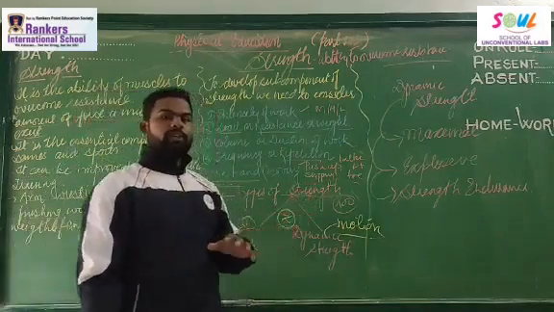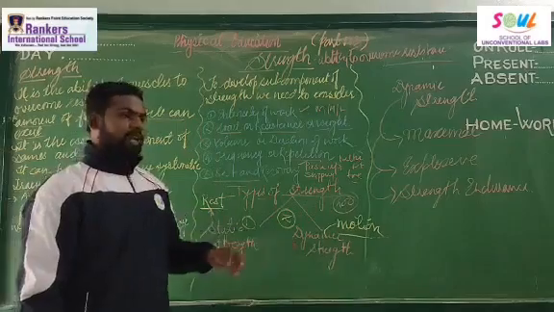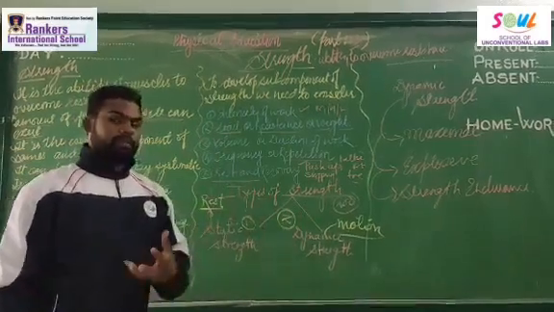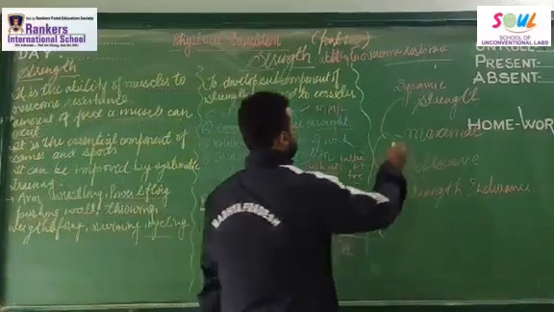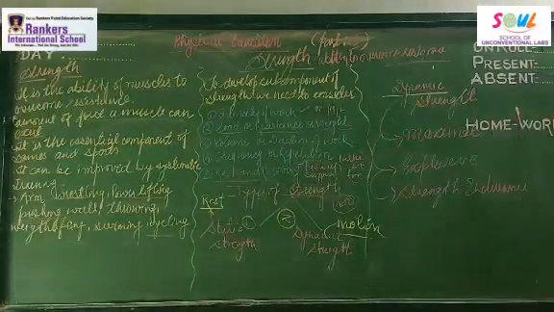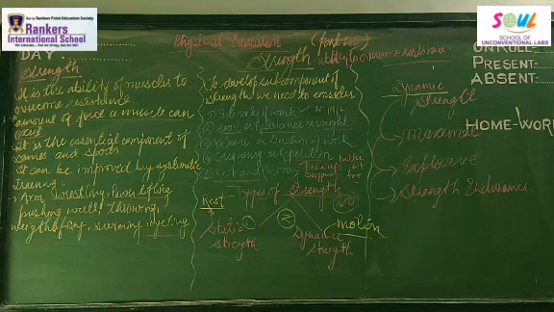When we kick the ball, it becomes dynamic strength because the leg muscles need strength at that time. Now this dynamic strength is of three types. First is maximal strength, second is strength endurance, third is explosive strength.